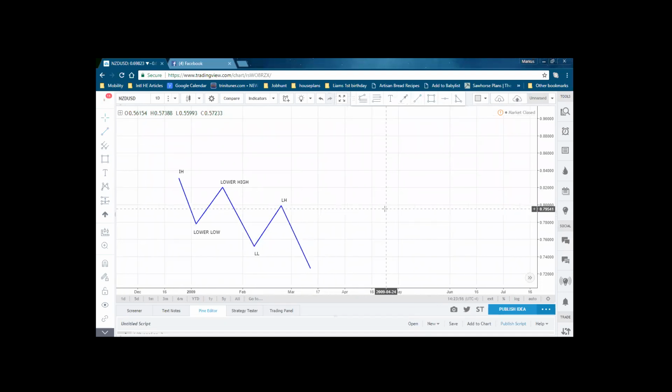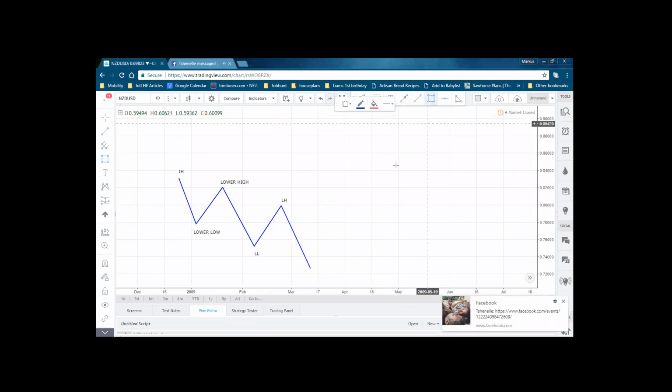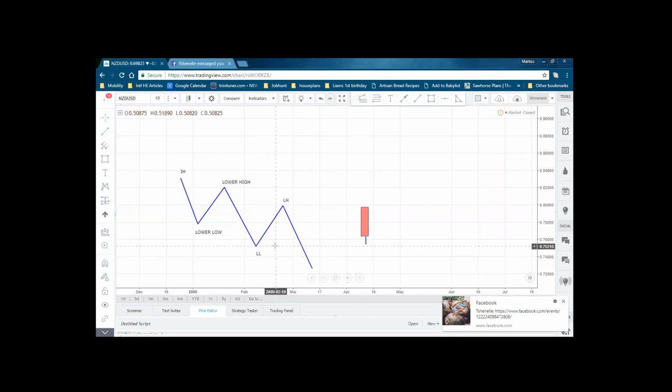Now, looking at it in terms of candlesticks, it's pretty similar to what we looked at on an uptrend. So we have this previous downtrend. This right here is forming our lower low.